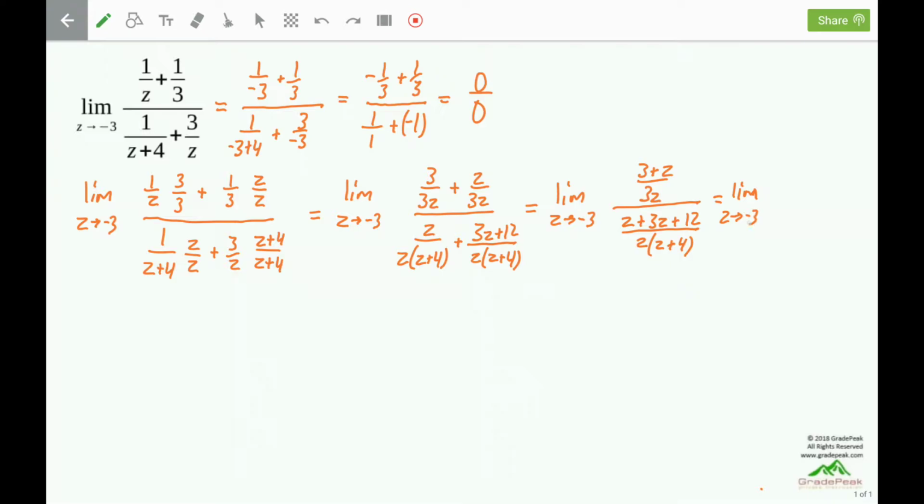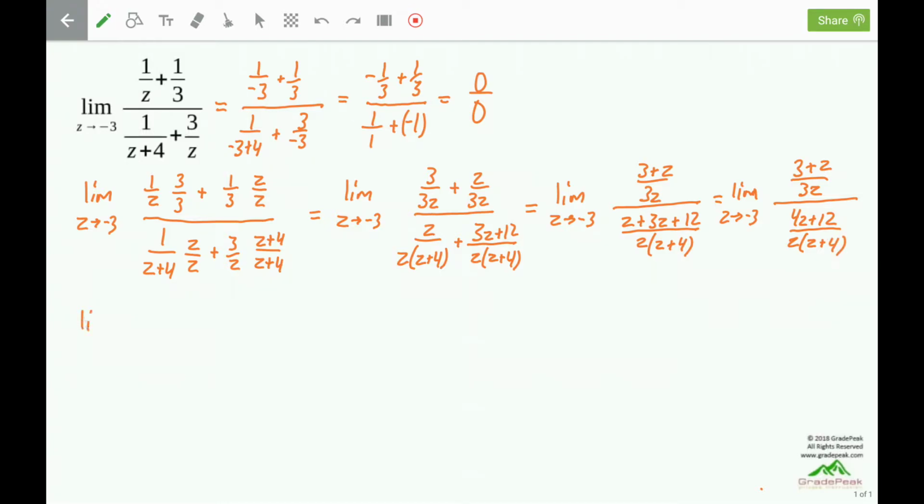Specifically, in the denominator's numerator, we have a z and a 3z that can add together. Other than that, I'm going to keep everything the same. So our fraction in the numerator is (3 plus z) over 3z. And our fraction in the denominator, z plus 3z, is 4z plus 12, all of that over z times (z plus 4).